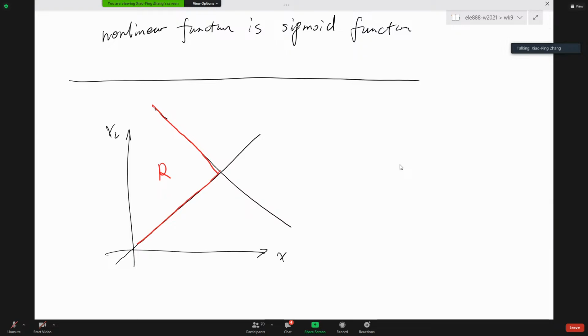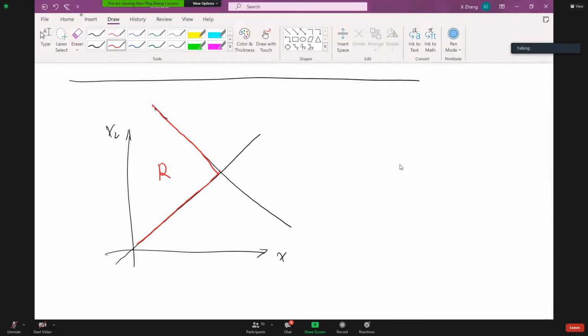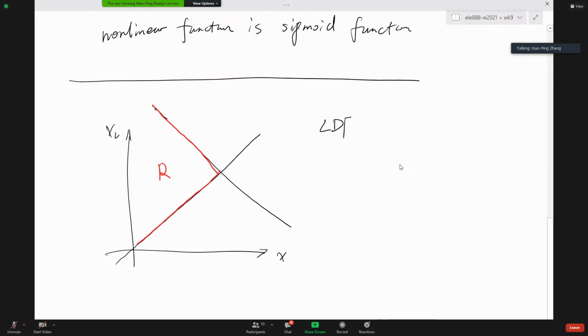If we think about that, let's say in terms of your LDF, you have this, let's call this H1, and this H2.